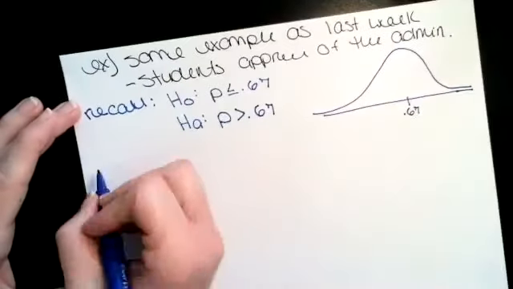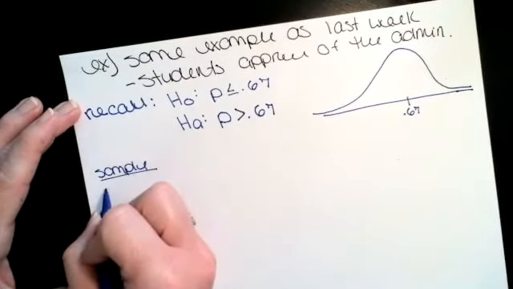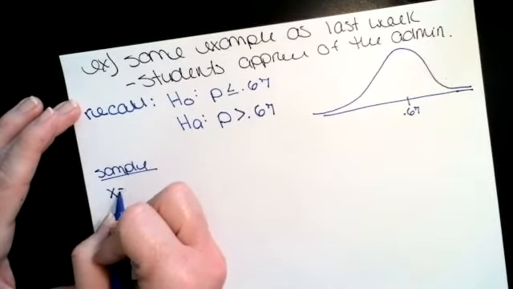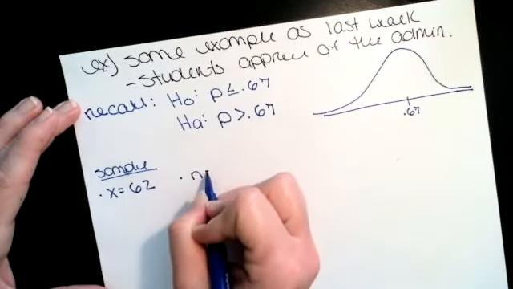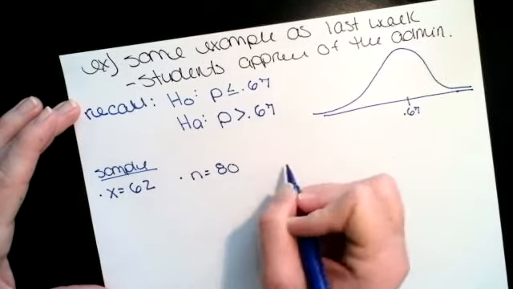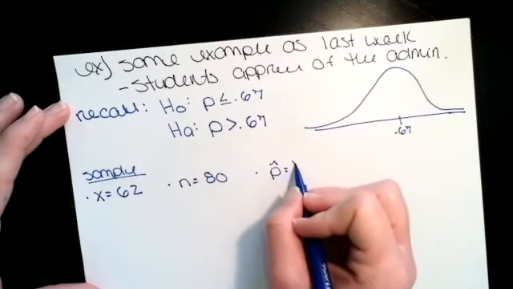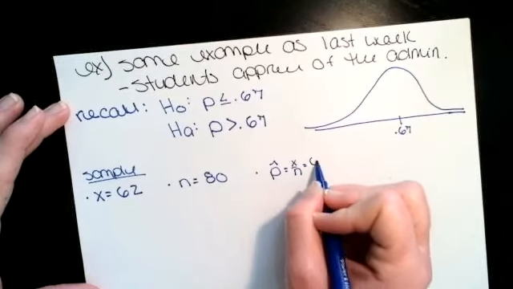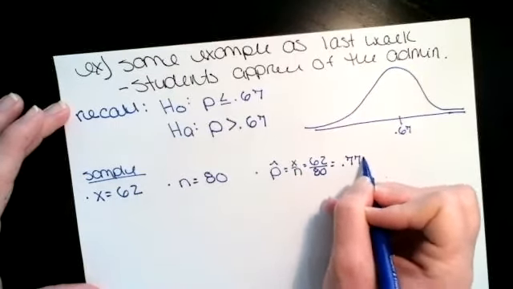Okay, and from the sample piece of this, we got, let's see, x is equal to 62. n is equal to 80. Then we found p hat, we calculated it, which is x over n. So it's 62 divided by 80. I know we already did all this, 0.775.